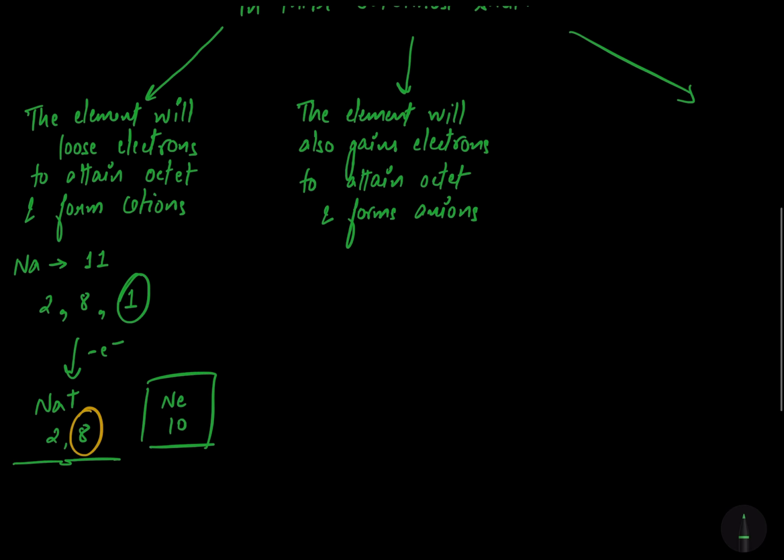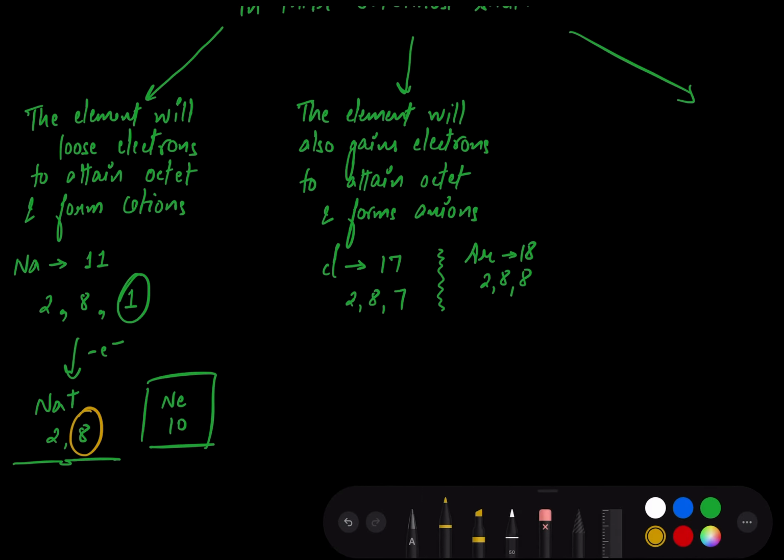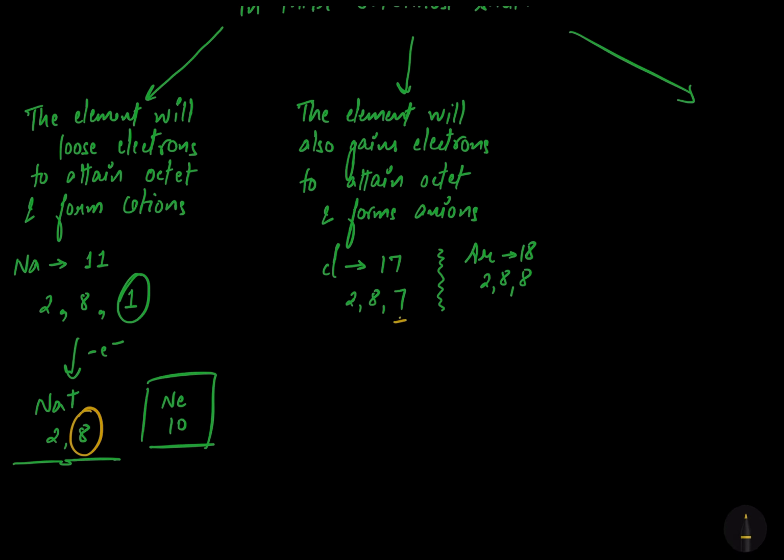Let me take an example of chlorine. What's the atomic number of chlorine? It's 17. The configuration will be 2, 8, 7. So the nearest noble gas for chlorine is argon with the atomic number of 18 and configuration of 2, 8, 8. So chlorine needs to gain 1 electron to become 2, 8, 8.